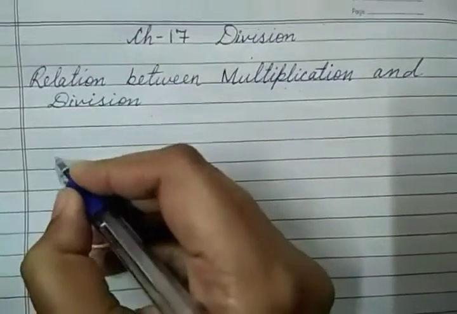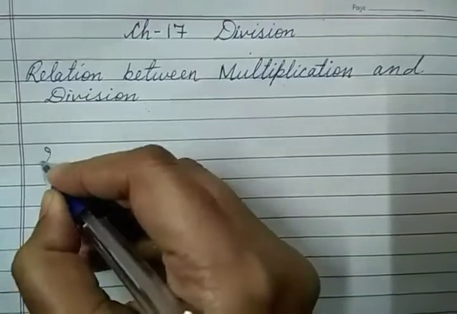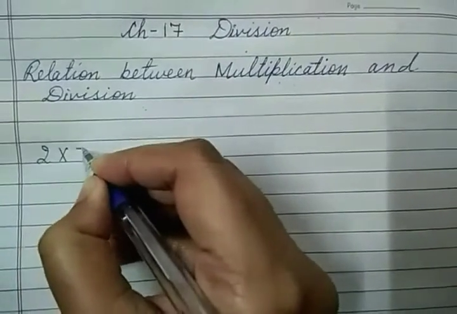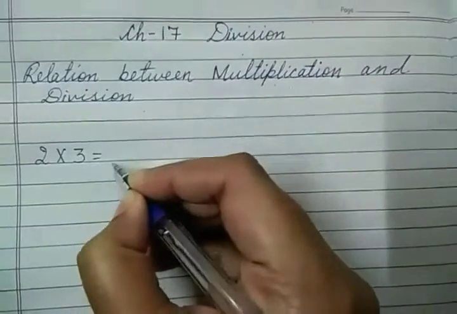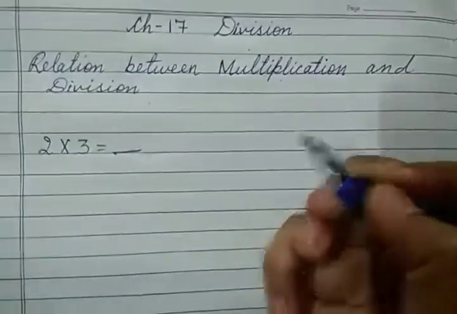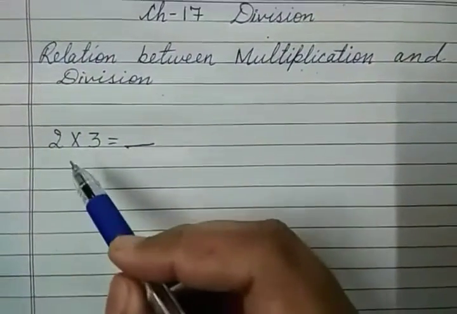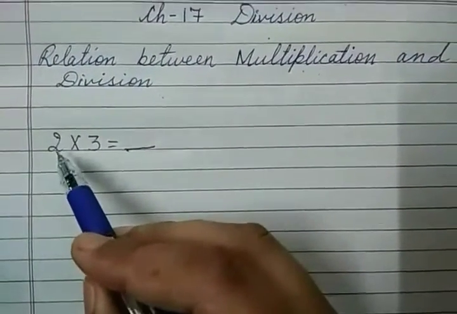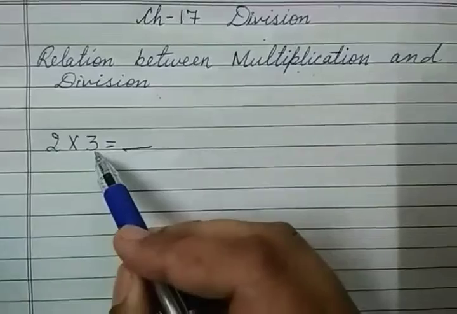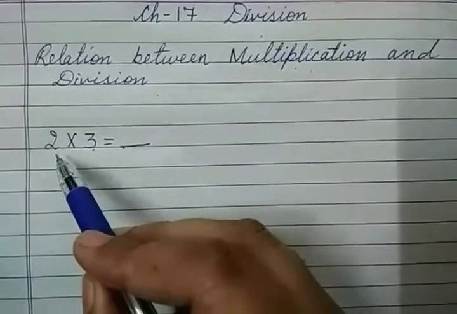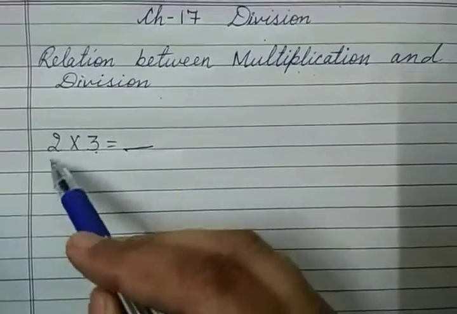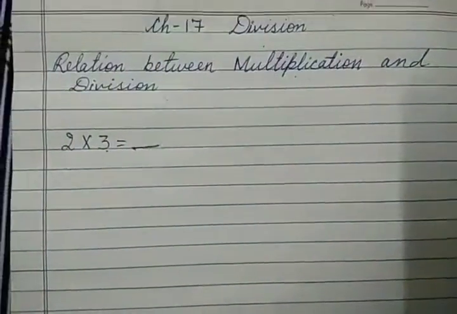In the multiplication, you all already know that we multiply two numbers to get the answer. Here, we have to make the group of 3 two times. That means 2 times we have to make a group of 3.